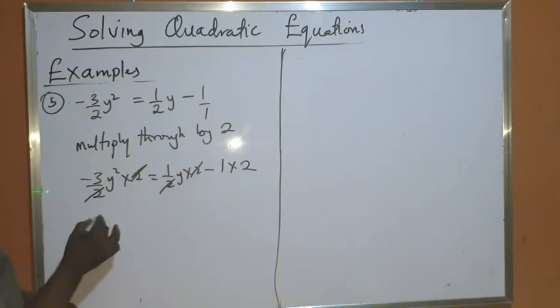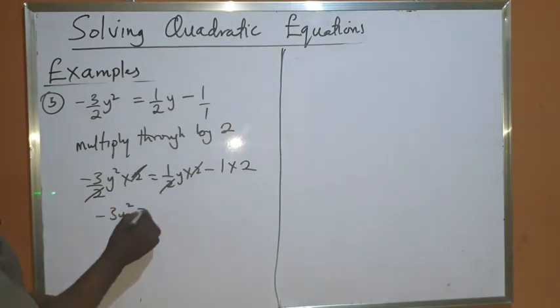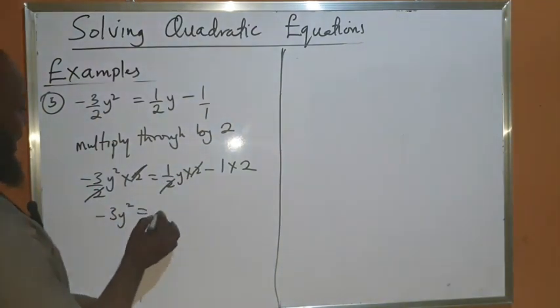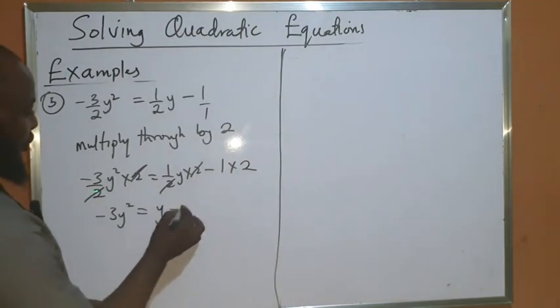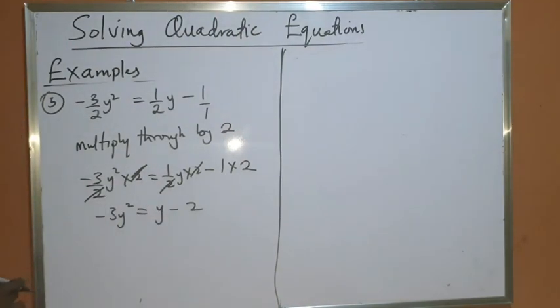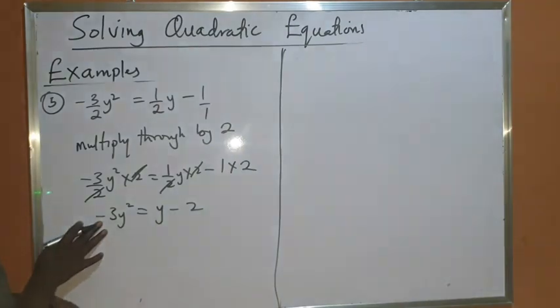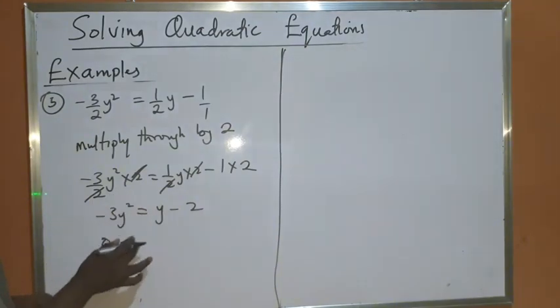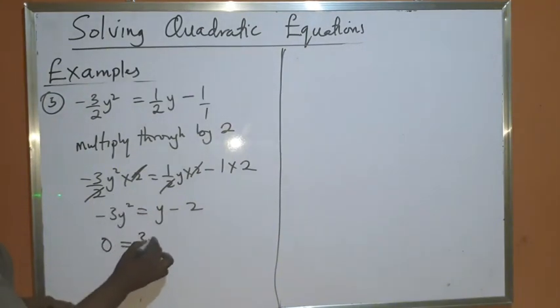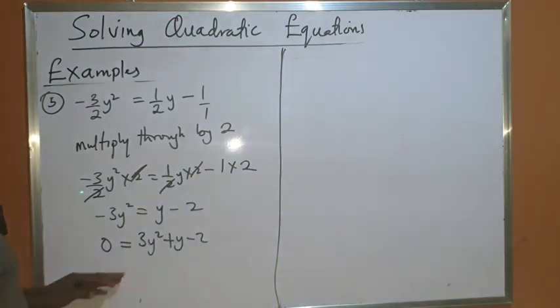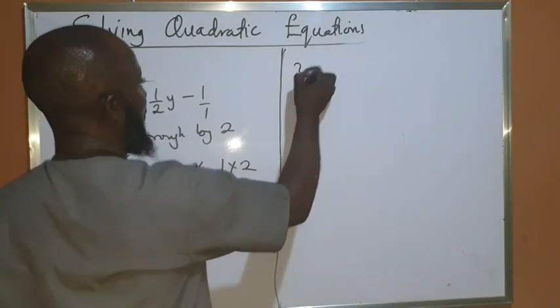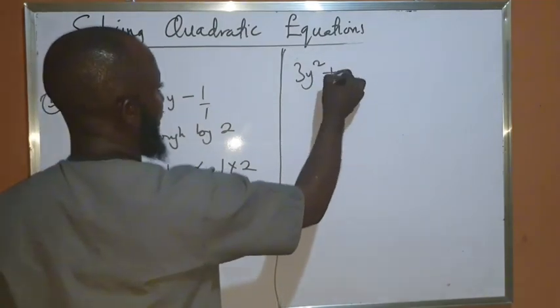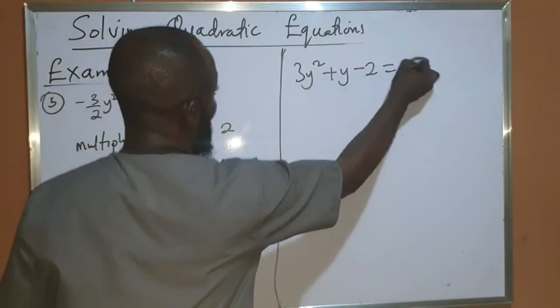We have minus 3y squared equals y minus 2. We can rearrange this now. This is minus, and we want to make it plus, so let it come here. So this will become 0 equals 3y squared plus y minus 2. So we can write this as 3y squared plus y minus 2 equals 0.